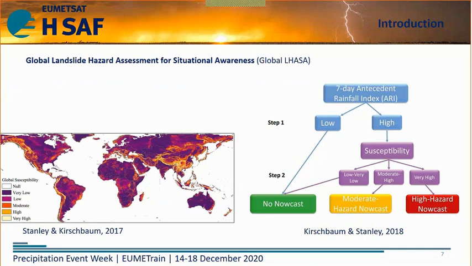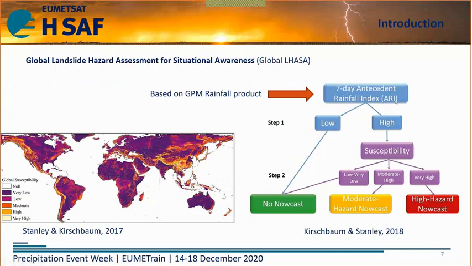Basically, the model combines a high resolution susceptibility map, as you can see here in the left part of the slide, at 1 kilometer of spatial resolution, with an antecedent rainfall index based on GPM rainfall data.